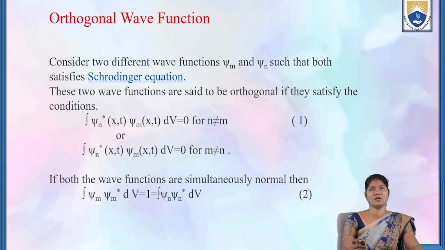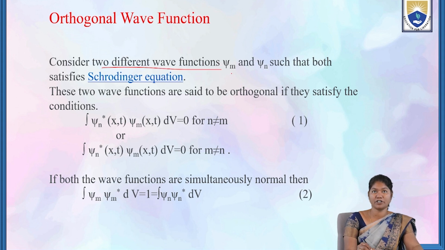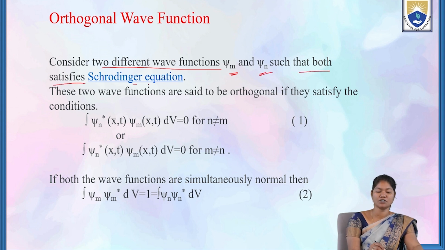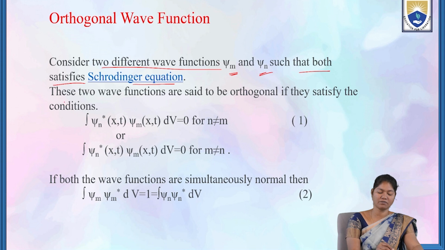Now orthogonal wave functions. Consider two different wave functions, psi m and psi n, both of which satisfy the Schrodinger wave equation.